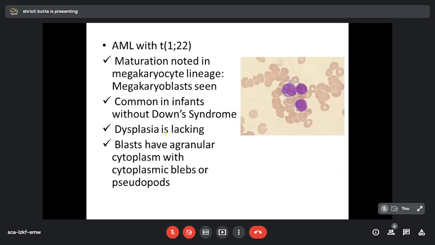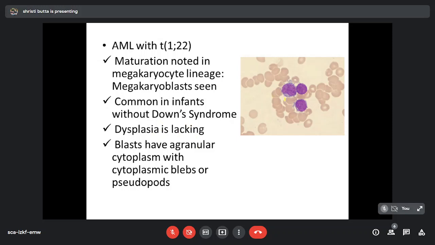Coming to AML with translocation 1;22. 1;22 is not involved with Down syndrome. When you have AML with translocation 1;22, it's common in infants without Down syndrome. Dysplasia is lacking in this case. Okay.